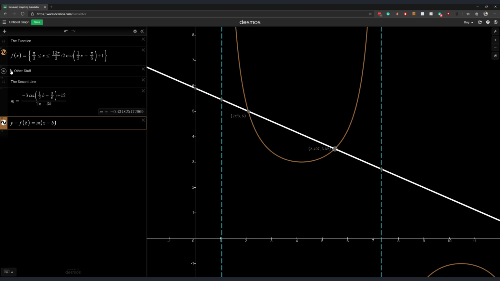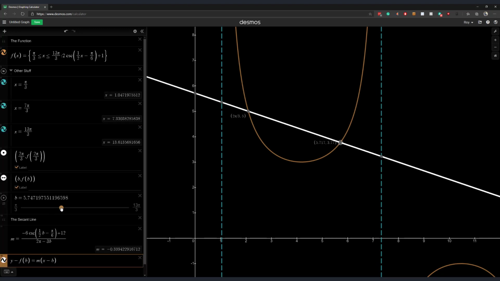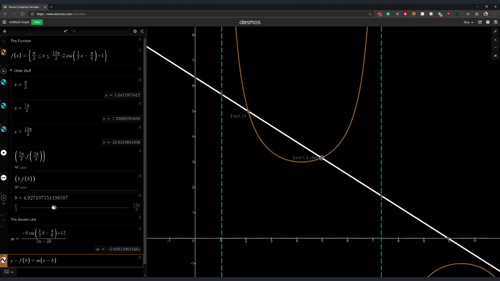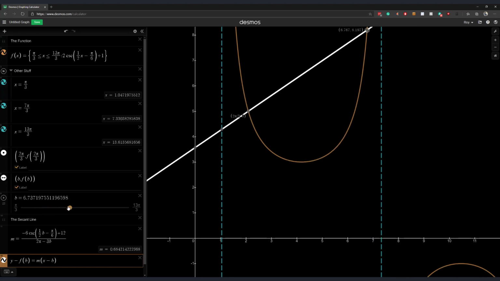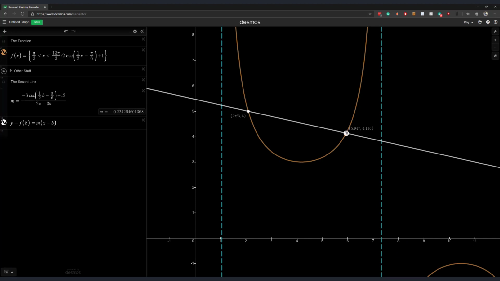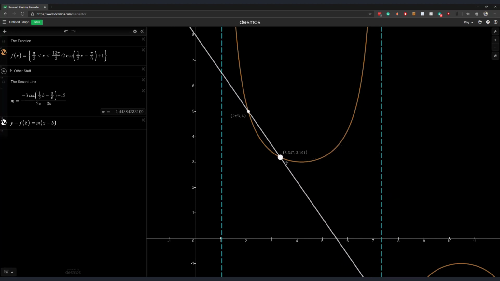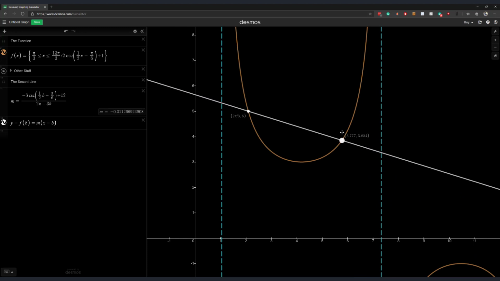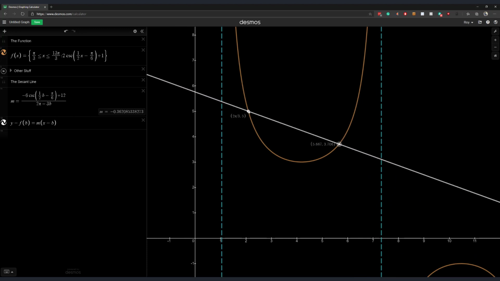And now what you can do is you can change b and the secant line will change accordingly, which is kind of nice. Also, what's really nice about Desmos is I can just grab that and move this. That's super nice. Now notice our anchor is at 2 pi over 3 comma f of 2 pi over 3, and our point b is currently at 5.667 comma f at 5.667.